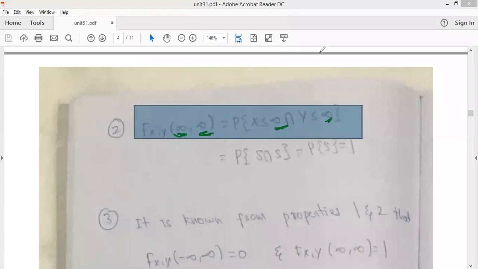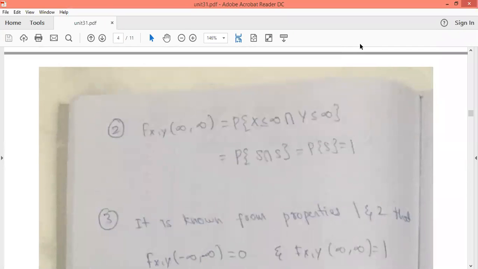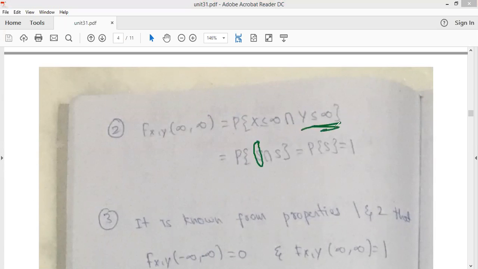So what is X ≤ ∞? It will include the complete sample space. We'll have all the elements of X, and all the elements of X is nothing but the sample space. Similarly all the elements of Y is the sample space. So the sample space intersection sample space is the sample space only. So what is the probability of the sample space? The probability of the sample space will be equal to 1. So this is our second property.